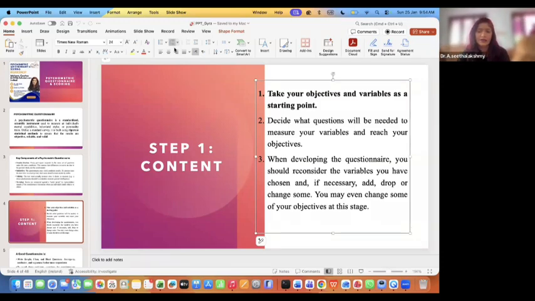But decide what questions will be needed to measure your variables, so that it can help you reach the objective that you are intending to. Generally what we used to do is we will just write down maybe 100 questions, 200 questions, for just one variable.